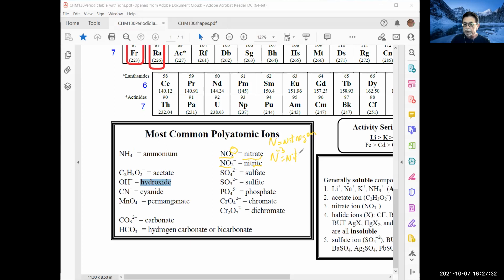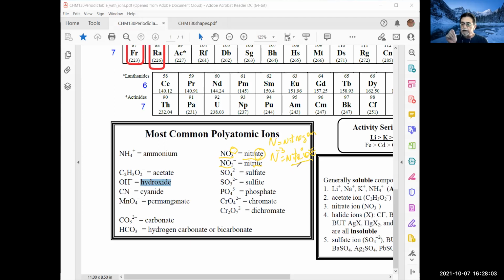Names are very important here because they tell us how to put the structure together if we're given the name. So we start off with nitrogen as the element. If it's just nitrogen all by itself and it picks up 3 electrons, it is called nitride. Now, nitrogen can form compounds with oxygen, specifically 3 of them, and that's where they become nitrate, ATE, not IDE.